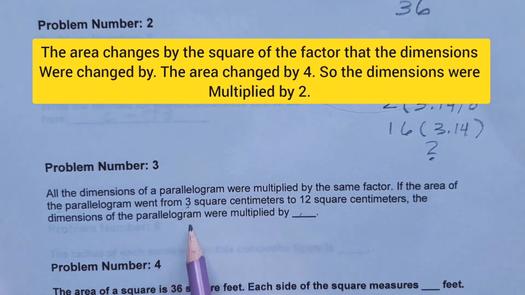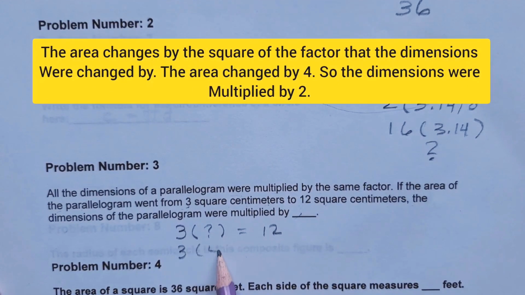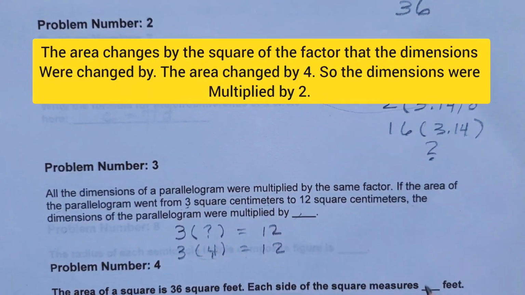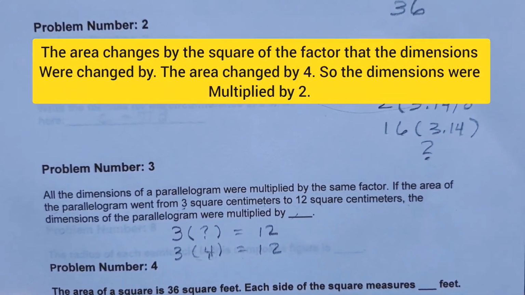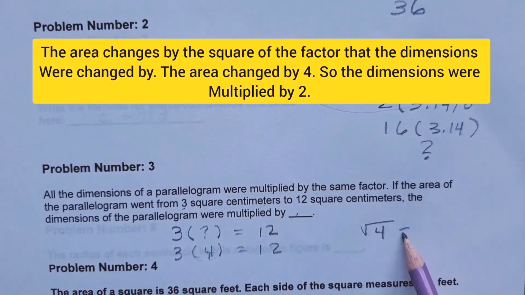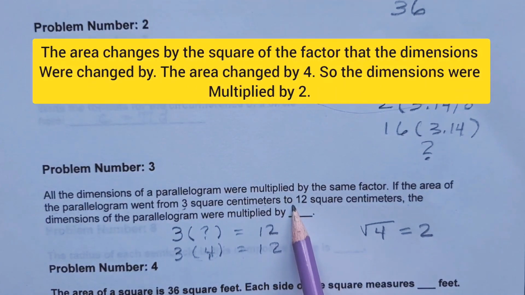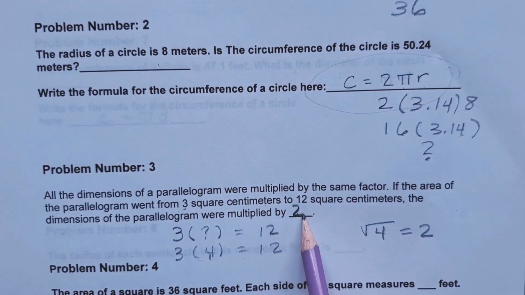Okay, so we need to know 3 times what is 12? 3 times 4 is 12. So the area changed by 4. That means the dimensions will be the square root of 4. What is the square root of 4? The square root of 4 is 2. So the dimensions of the parallelogram were multiplied by 2.